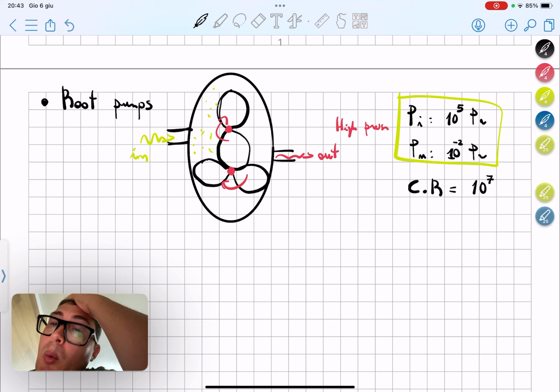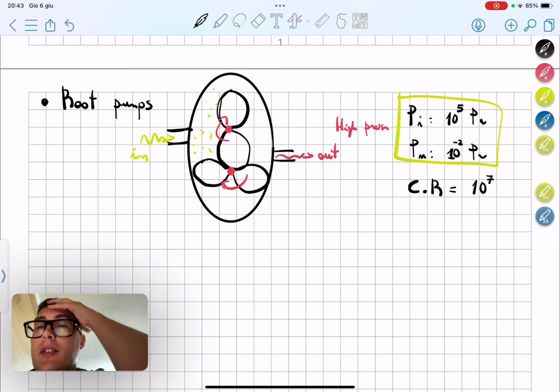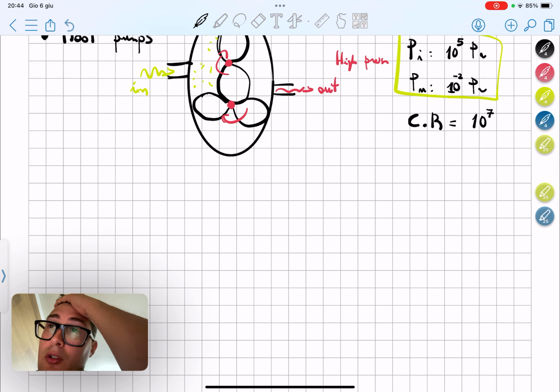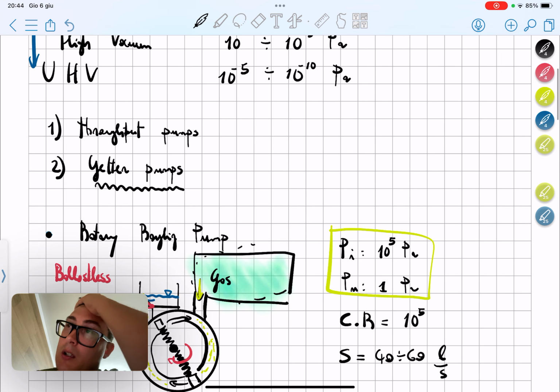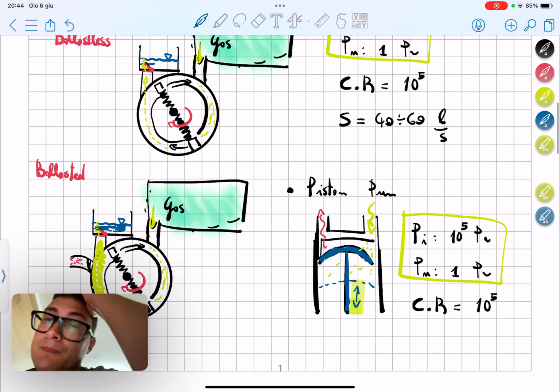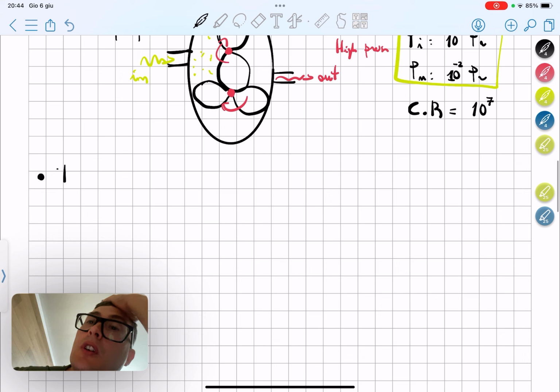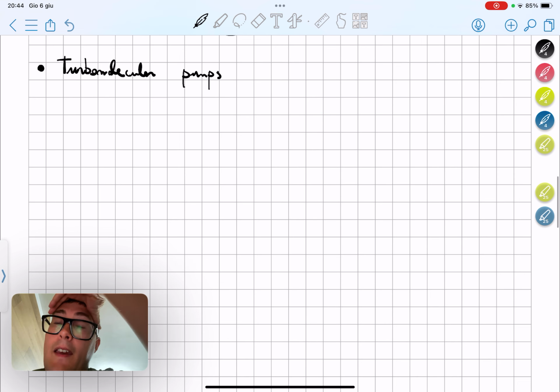If we would like to go to a higher vacuum, something that can reach a very, very high vacuum from the same category of throughput pumps, we can consider another one, which is called turbomolecular pumps, which is a very efficient way of pumping.